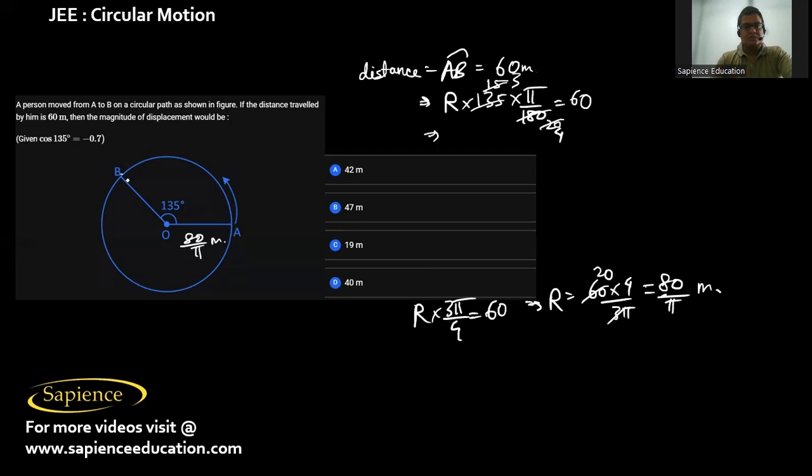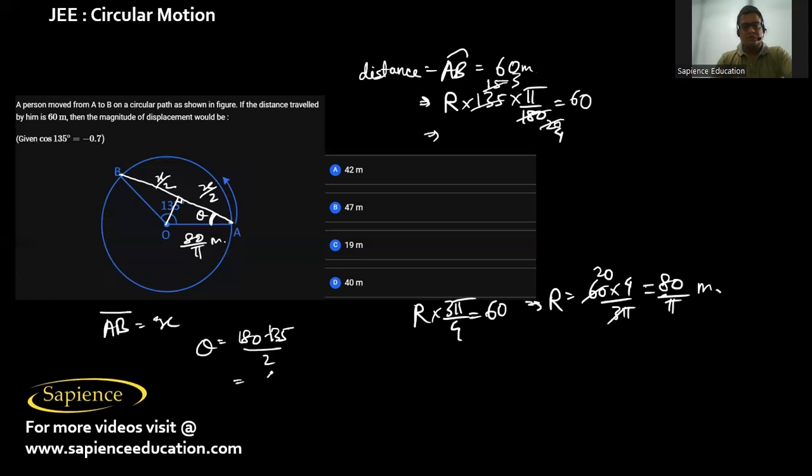Magnitude of the displacement. So the displacement we have to find out, that is the chord length AB. The chord length AB we have to find. So if we draw one perpendicular to the chord, this will be x by 2, this will be x by 2, if AB length is x. This angle theta will be equal to 180 minus 135 divided by 2.